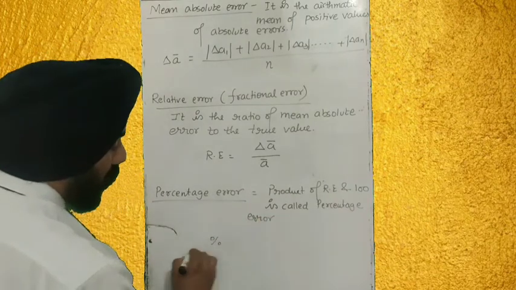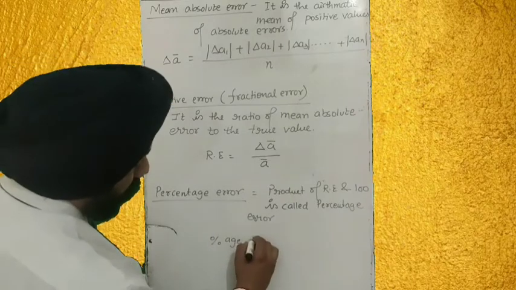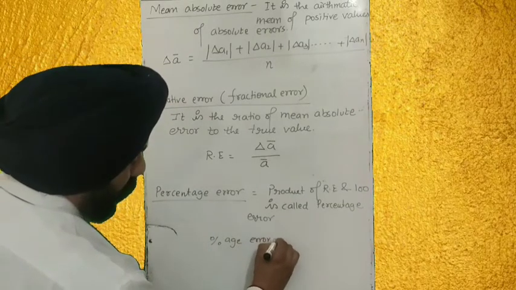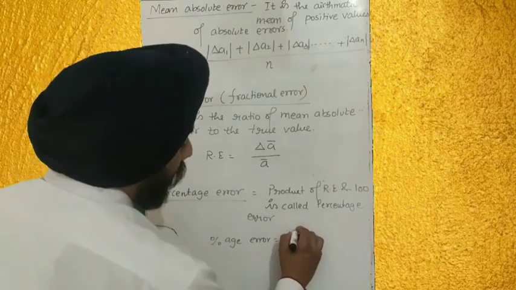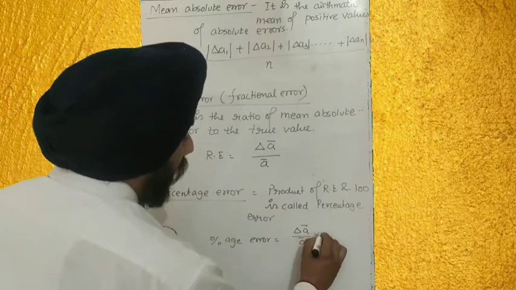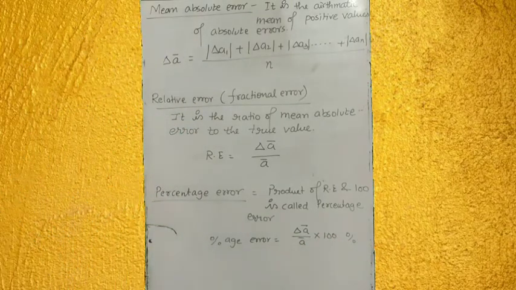So how do we write the percentage error? Percentage error is equal to relative error times 100 percent. In percent we are writing this.